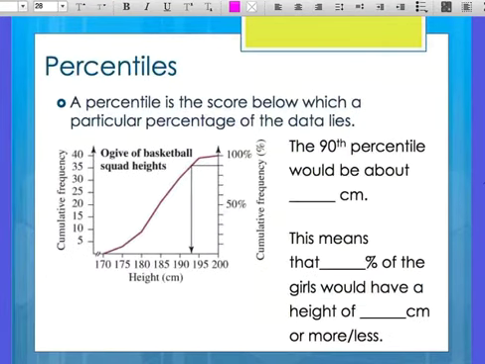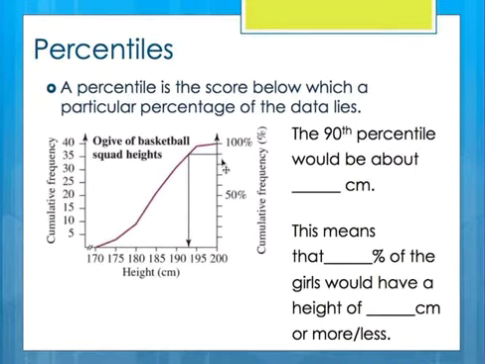Let's have a look at a couple more things as well before you start the questions. So percentiles. If we're looking at the 90th percentile, obviously that's where 90% is, which you can see is here. So if we read across, so we're doing the opposite of the last question. So 90% is here. Draw a horizontal line on your graph to where it hits the ogive, and then drop it straight down. So we could see from here that it would be, I think it's approximately 193 centimeters.